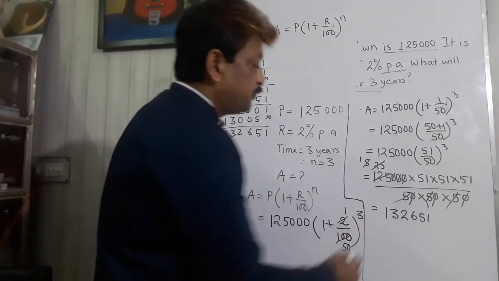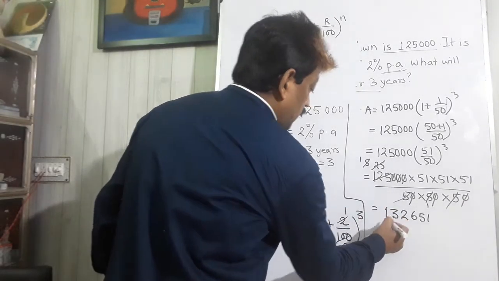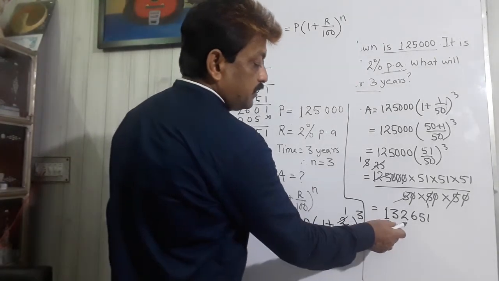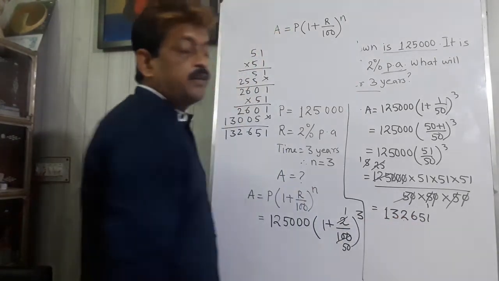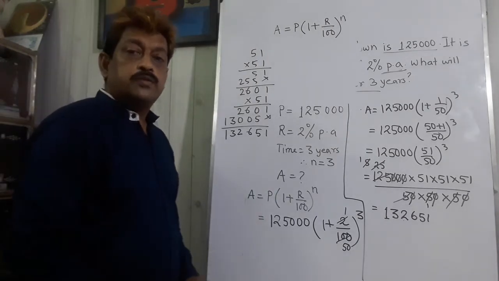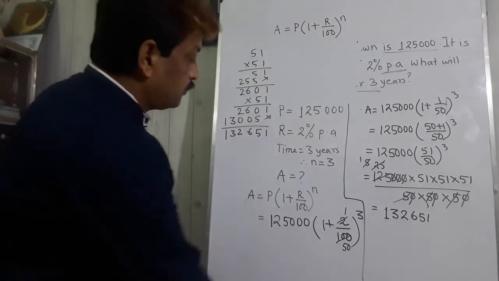Therefore, the population of the town after 3 years will be 1,32,651. So understood? Now again go through the sum.